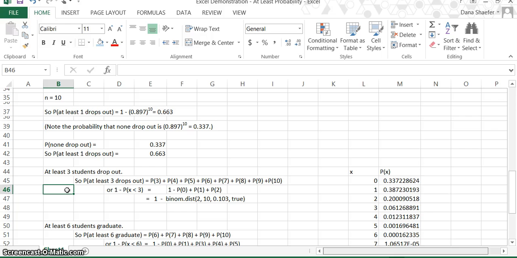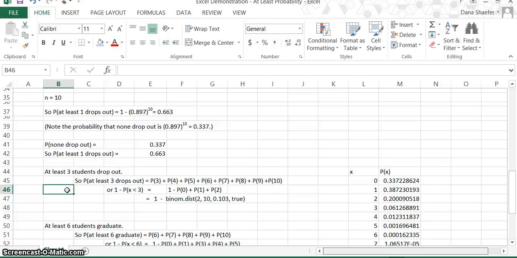So the first one is the probability that at least 3 drop out, x is greater than or equal to 3, because of the word at least. In the second equation that I put here, I said 1 minus the probability that x is less than 3. So I would say 1 minus the probability of 0, the probability of 1, or the probability of 2 dropping out.